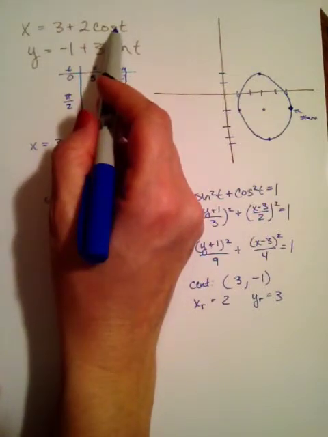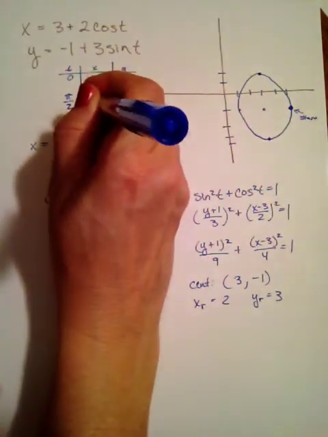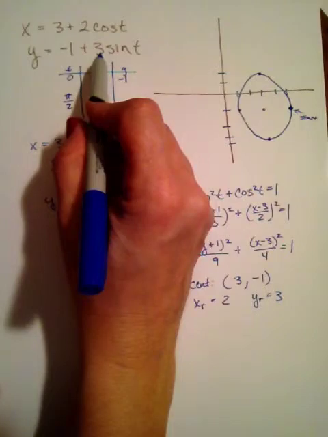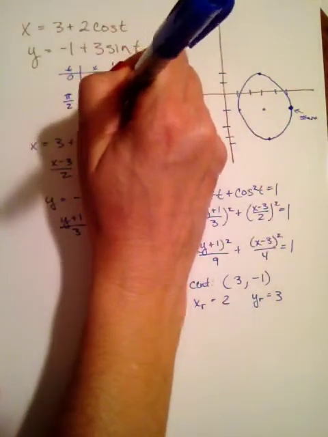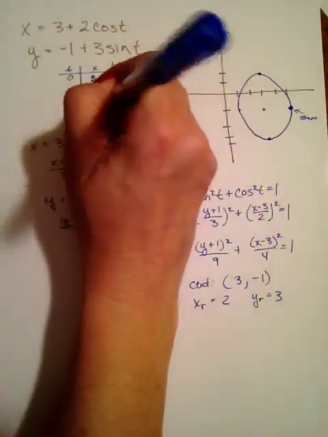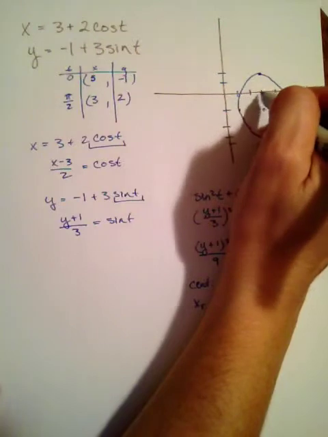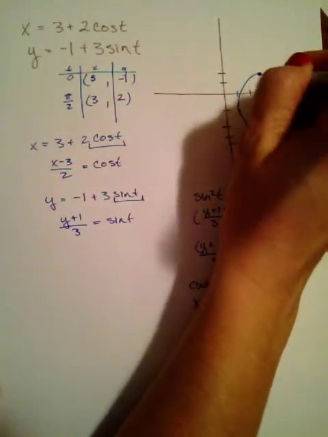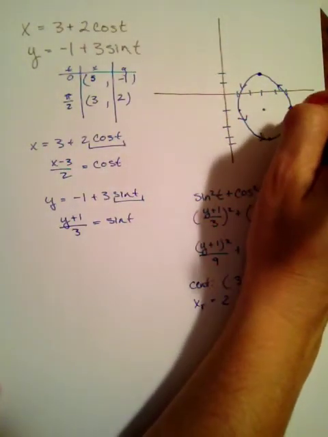Cosine of pi over 2 is 0, so that cancels out this term and I'm left with 3. Sine of pi over 2 is 1, times 3 is 3, and then you add to that a negative 1 and you have 2. So 3 comma 2 would be my next point. So to the right 3 and up 2. And I can tell from that that I'm going this direction. I'm going counterclockwise.